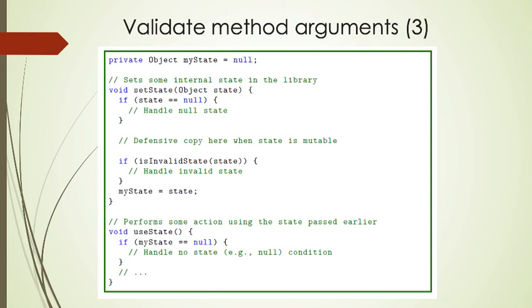If it passes all the tests, then it is allowed to set the attribute. The use state method also needs to be able to handle different scenarios. So in this case, it checks first if the object is at its initial state, where the attribute is null, and handles that state. Otherwise, it does what it was originally intended for.